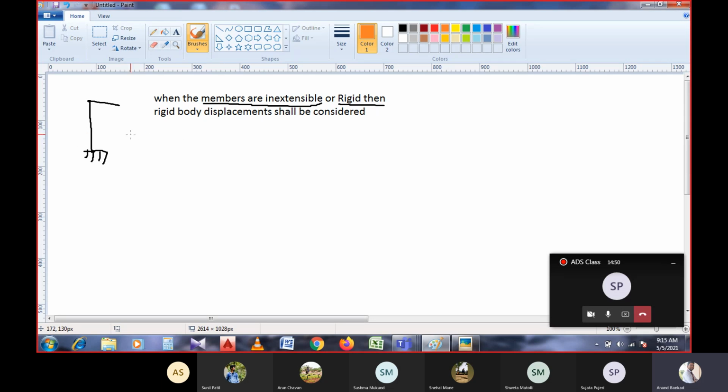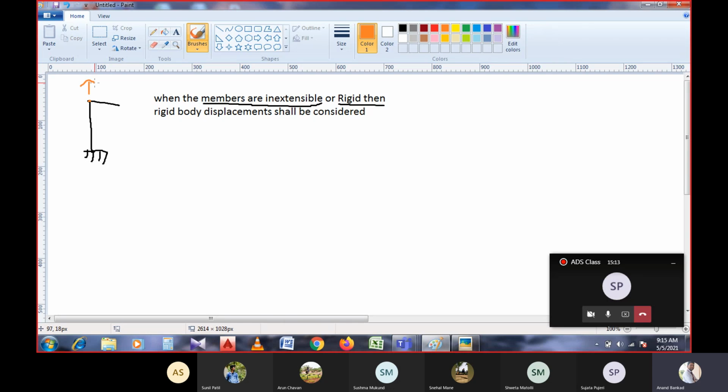Inextensible means it cannot extend any further distance at the considered location. So that means the particular body will not have any displacement in the y direction or axial direction.